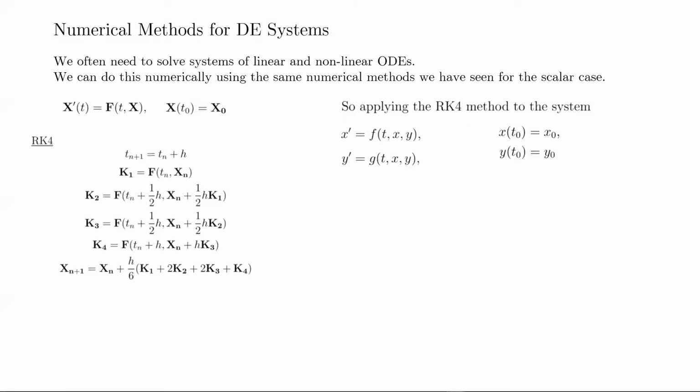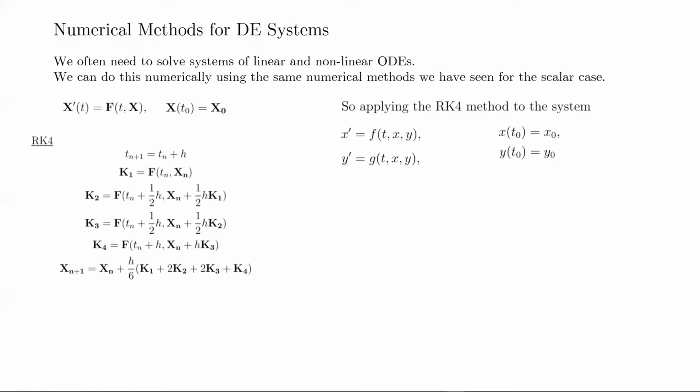Okay, so let's look at a very simple example. x prime equals f. Notice that f is a function of t, the independent variable, and x and y, which are the two dependent variables, with some appropriate initial condition. y prime equals this function g, which again is a function of the three variables, with some appropriate initial condition.